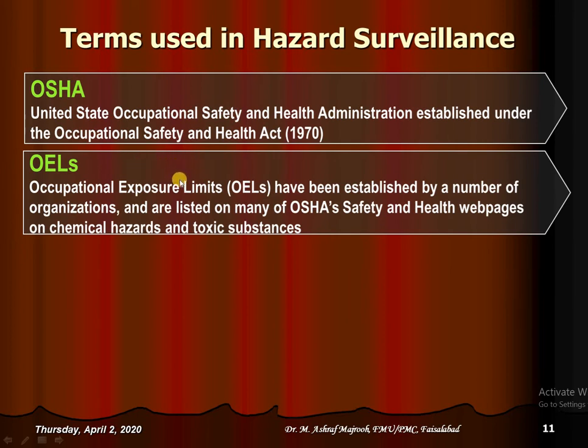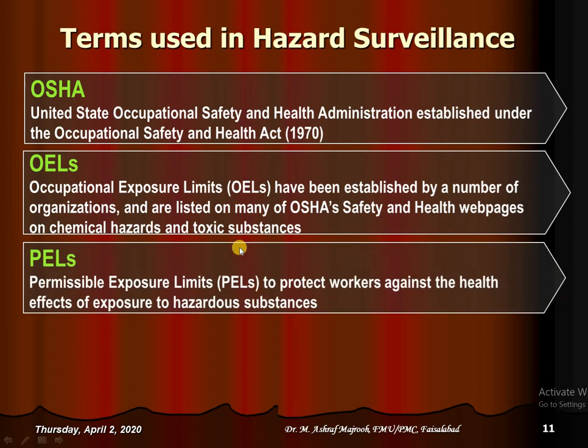Then OEL, occupational exposure limits, have to be established by a number of organizations and listed on many occupational safety and health acts and on web pages. A list of hazardous chemical substances is available for OEL, occupational exposure limit levels.